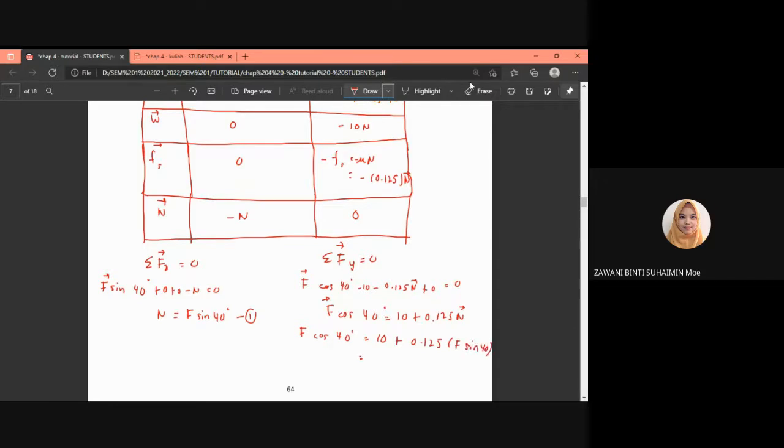Bila kita buat substitution kat sini akan dapat 10, 0.125 darab dengan sin 40, sekejap ya. Saya dapat 0.080 F. Kat sini cos 40, saya dapat 0.766 F. So kita boleh sum upkan F dengan F and then rearrange the equation and find F sama dengan berapa.